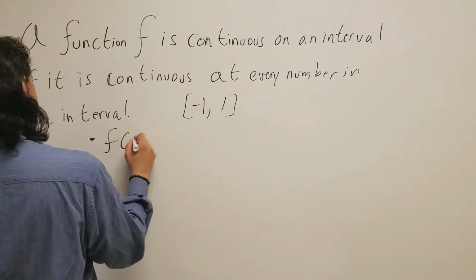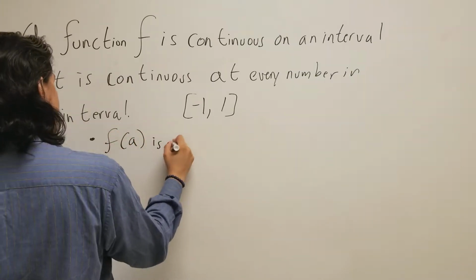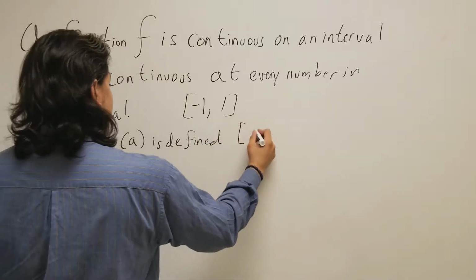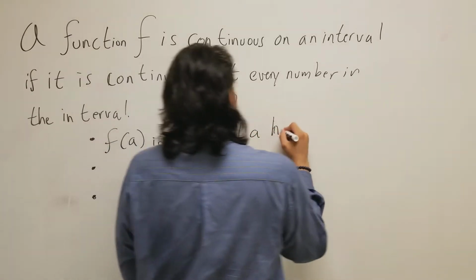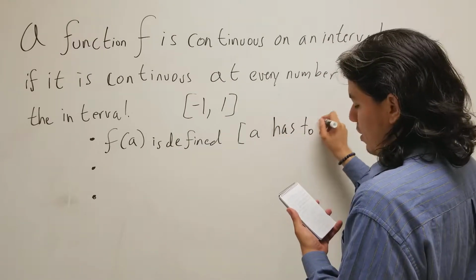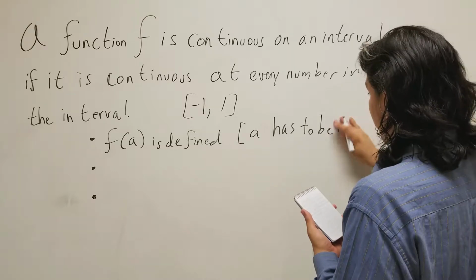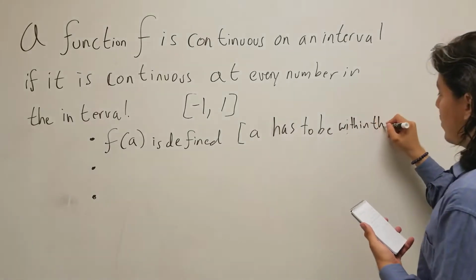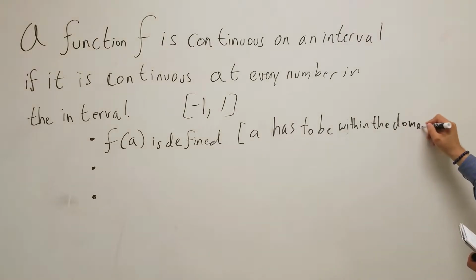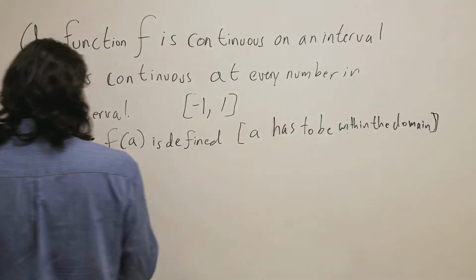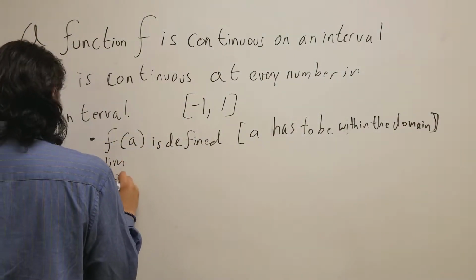Now, here are some conditions that need to be met so that something is continuous. First, f of a is defined. What does that mean? That letter a has to be within the domain, so that little point has to exist within your function, or within your machine.